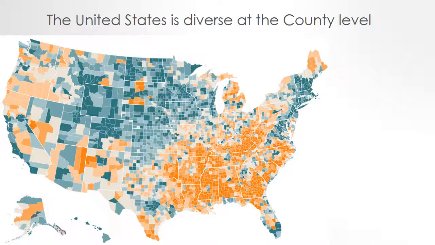This is a map prepared by the New York Times that basically shows that the United States is diverse at the county level. They use different parameters to evaluate personal income and health. The areas in light orange are areas that are conventionally poor and difficult to make a living in, living below the poverty level.